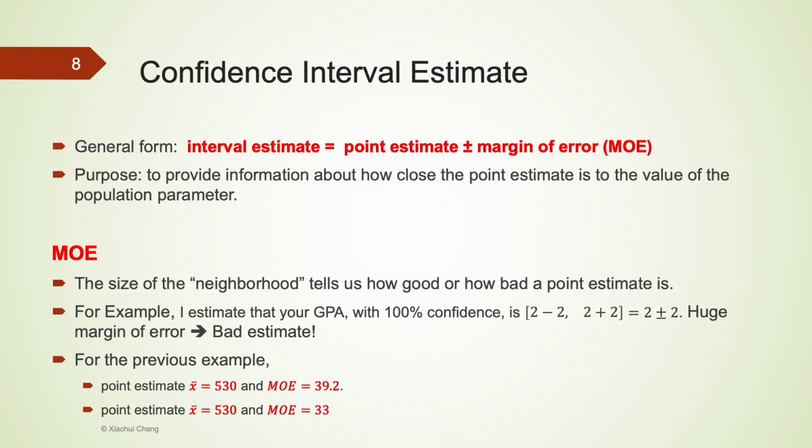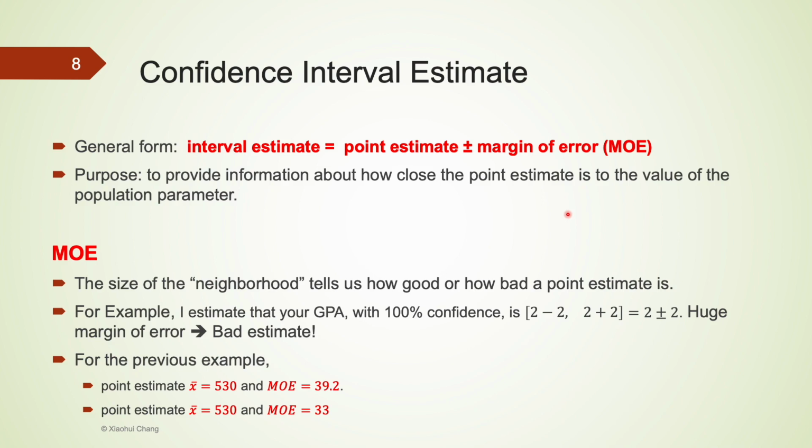The general form of confidence interval estimate is the point estimate plus minus the margin of error. The margin of error provides information about how close the point estimate is to the value of the population parameter. If the interval is wide, we know that we are more uncertain about our point estimate. If the interval is narrow, we are more certain about our point estimate.